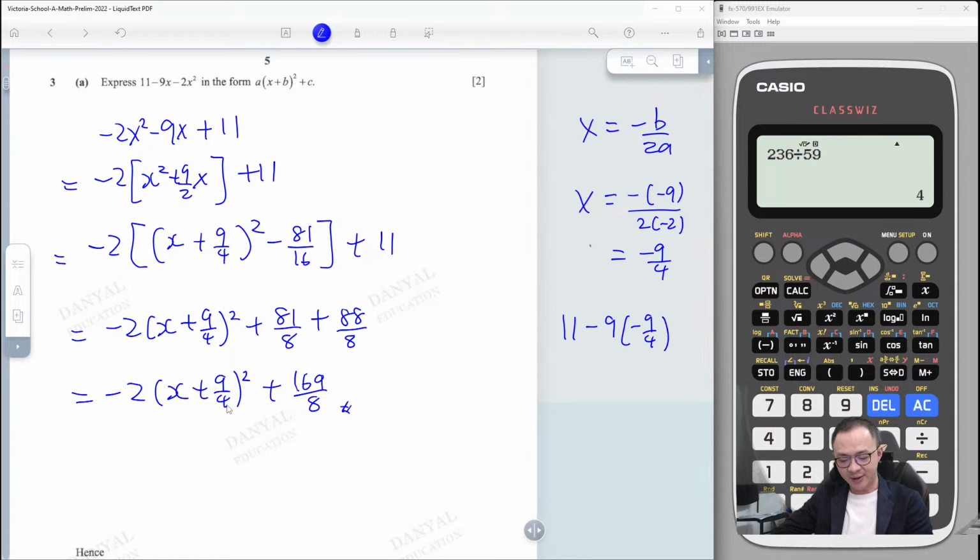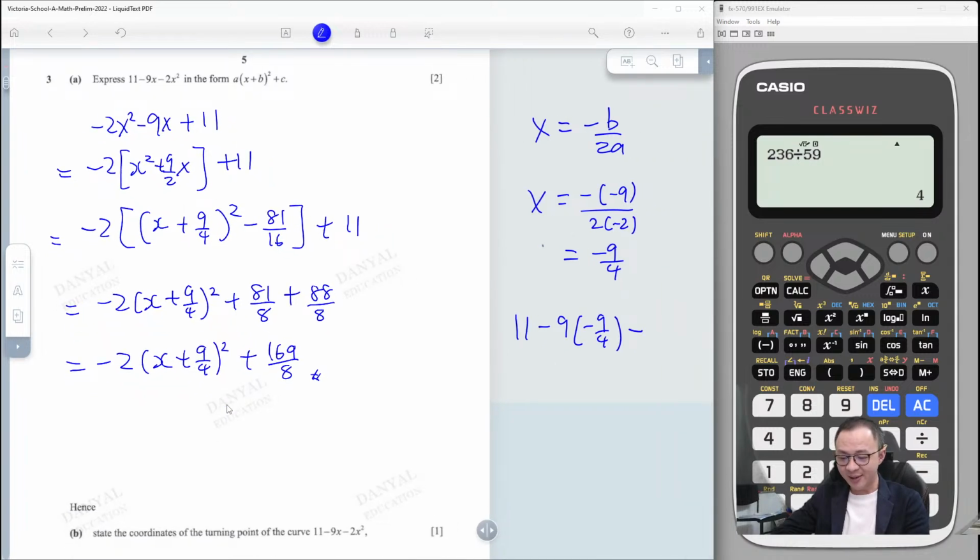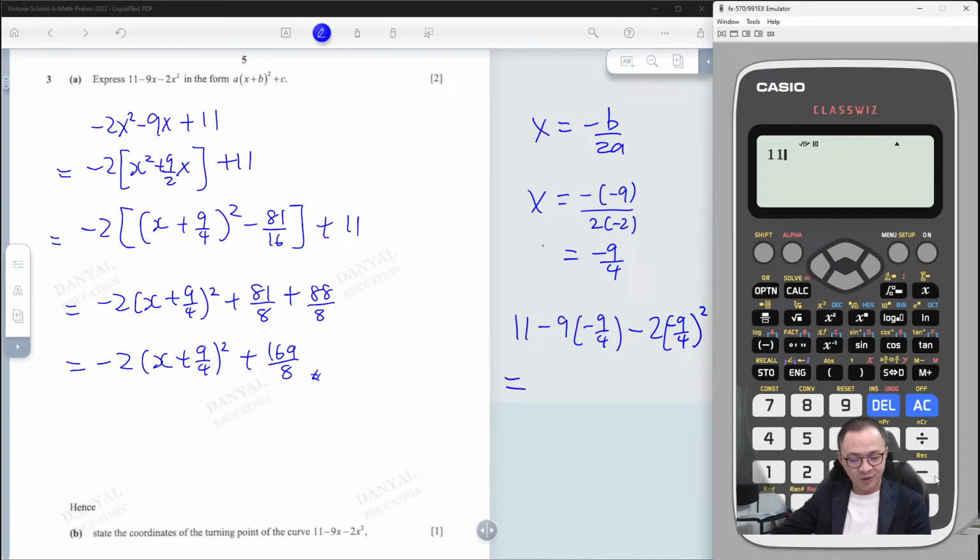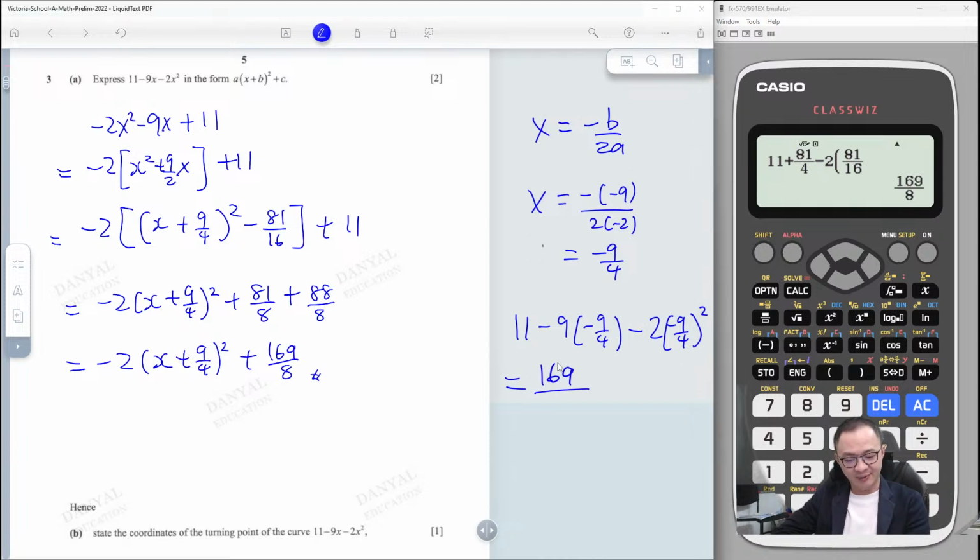And then here, minus 2, negative 9 over 4 squared. So 11, this is plus 81 over 4. And then minus 2, this is 81 over 16. Do you see? You literally get back this thing.